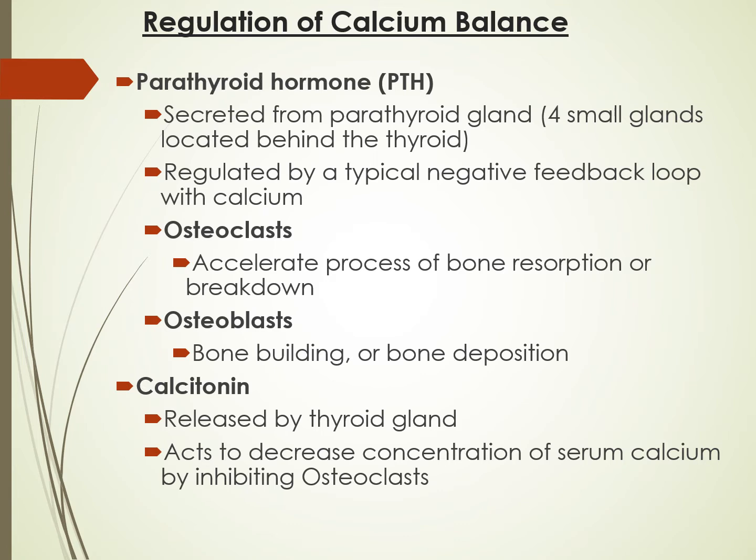Calcitonin is a hormone released by the thyroid gland, and it acts on the bones to inhibit osteoclasts. And by inhibiting osteoclasts, it can be used as a medication in osteoporosis to stop the breakdown of bones, right? And that's where we'll talk later about the medication calcitonin.